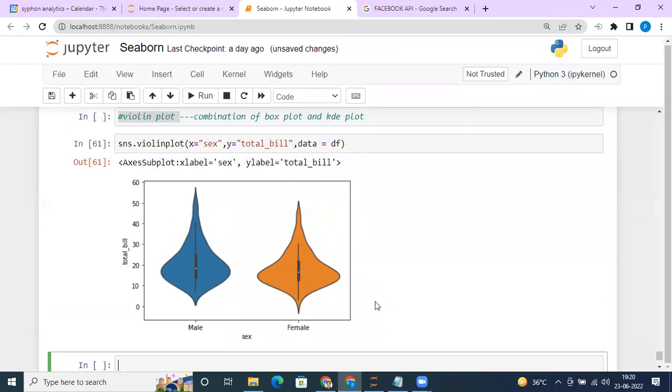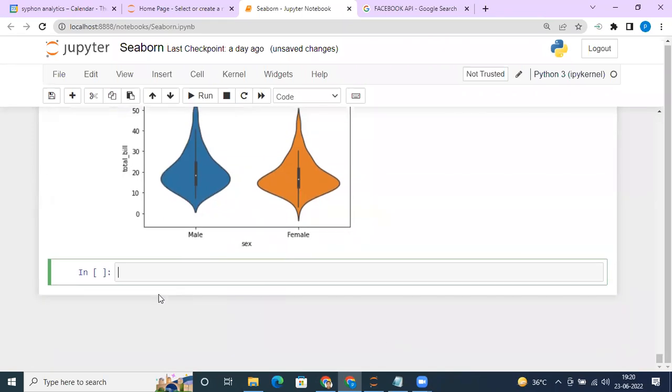I think we can see that as well. If I plot sns.kdeplot, and here I mention, let's say, total bill, and data is equal to df.